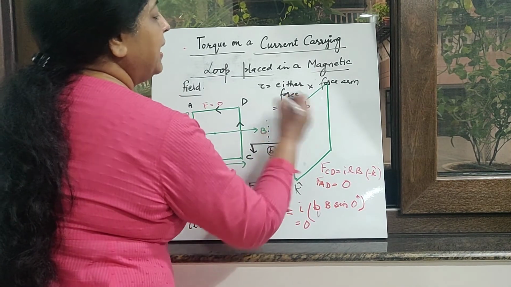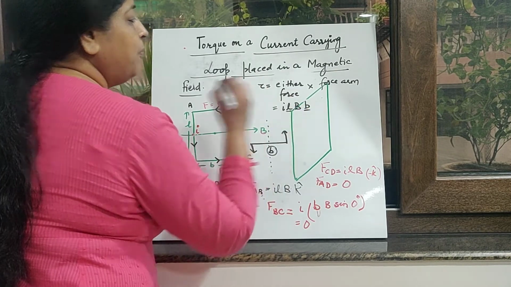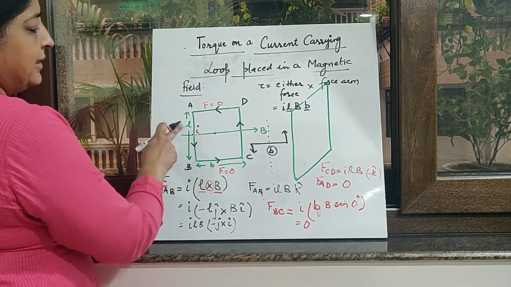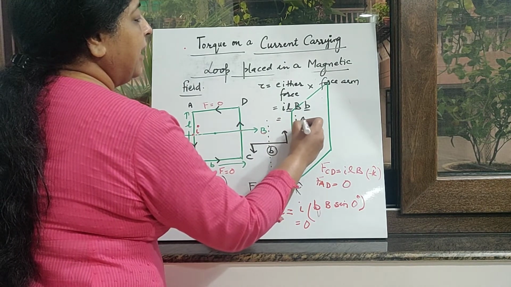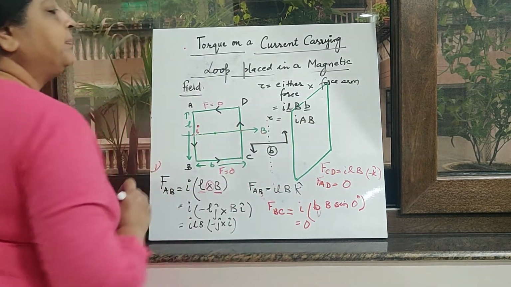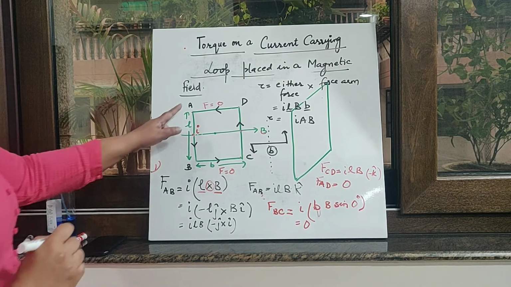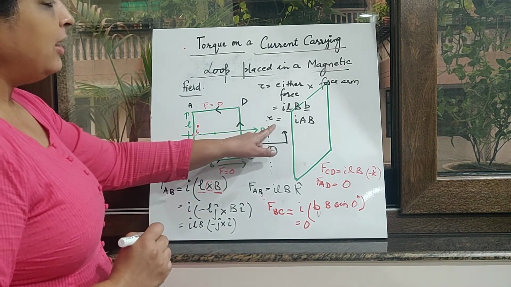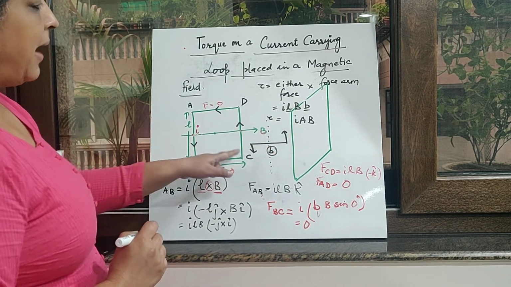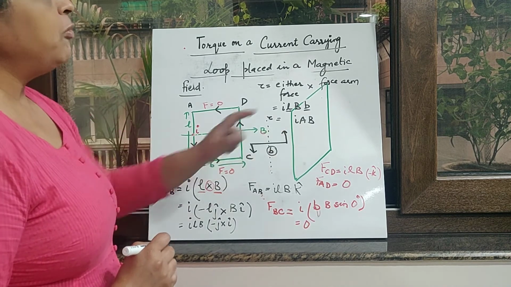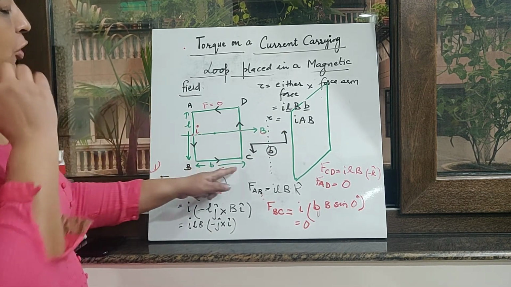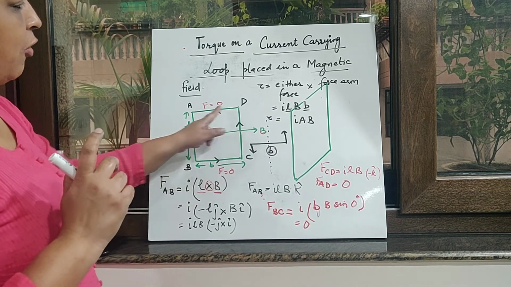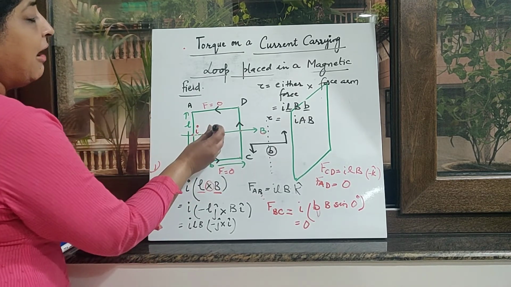So I will write down b here. Now L into B is nothing but the area of this rectangle. So I will write down IAB. Hence, for this coil, the torque that will be exerted by the magnetic field will be equal to I into A into B when the plane of the coil is as shown here on the board, that the area vector.